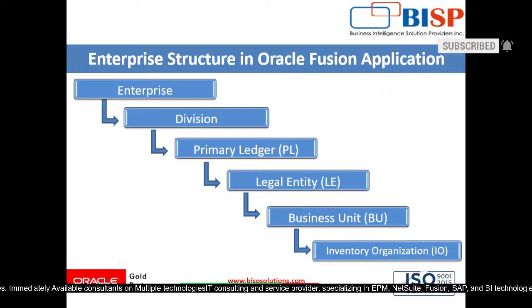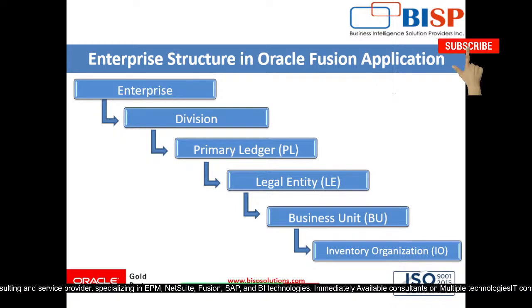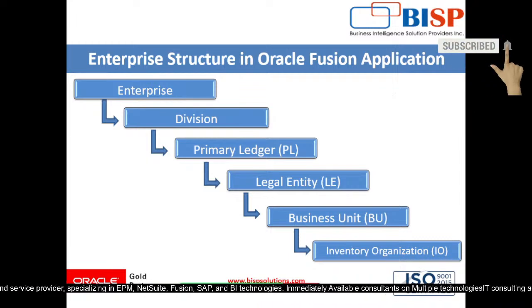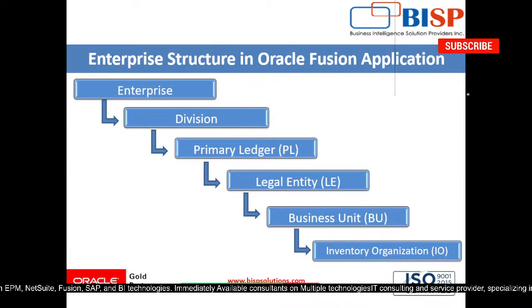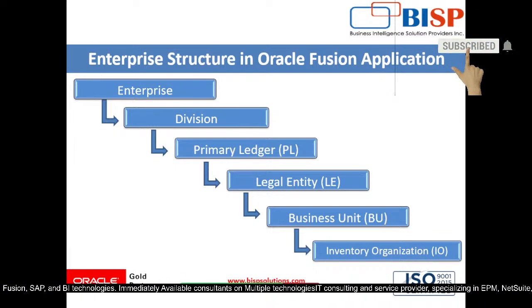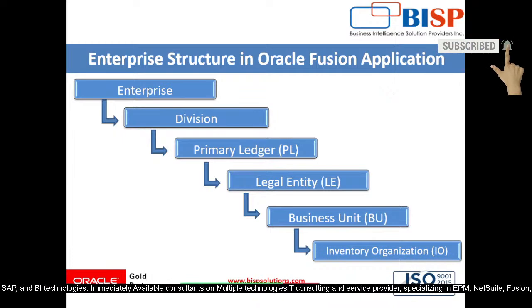We have the business unit, and all these setups from the top level of the enterprise to the business unit were covered in our previous session, in our enterprise session. So this is the enterprise structure of the Oracle Fusion application.